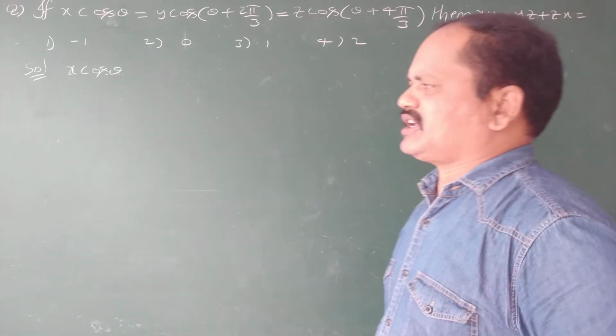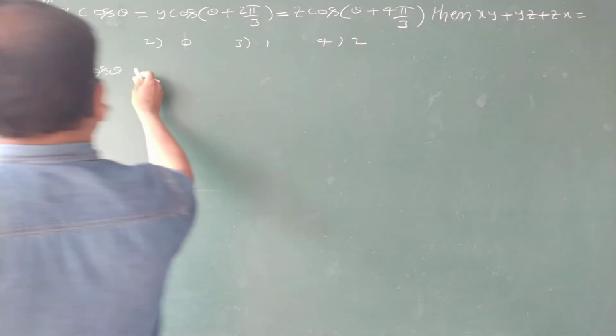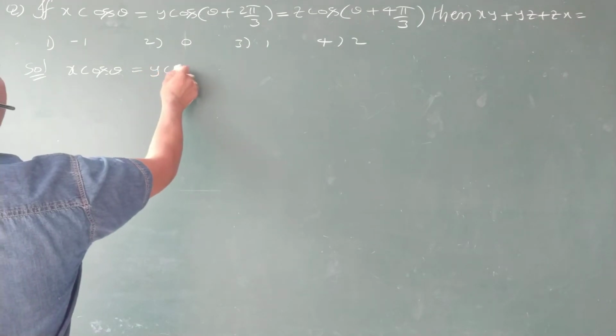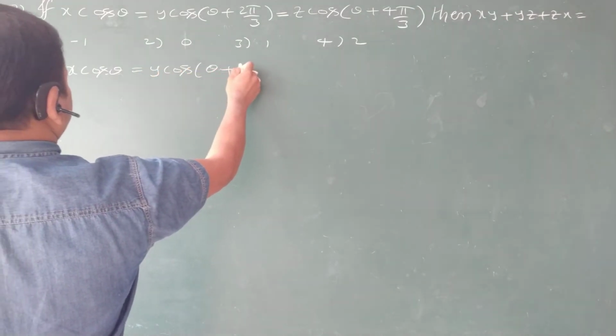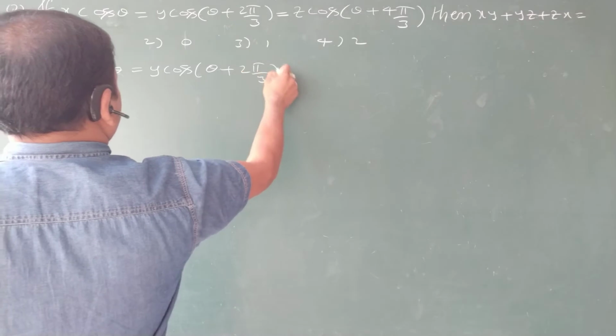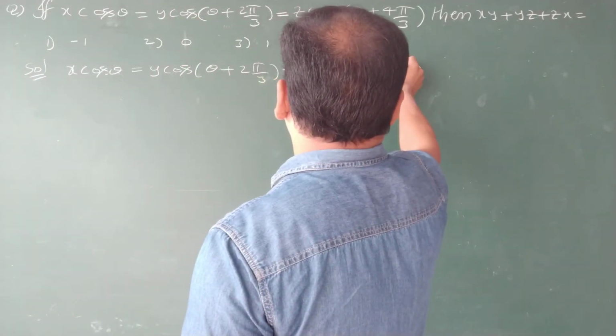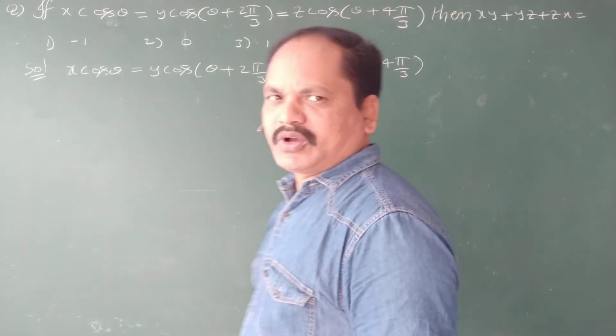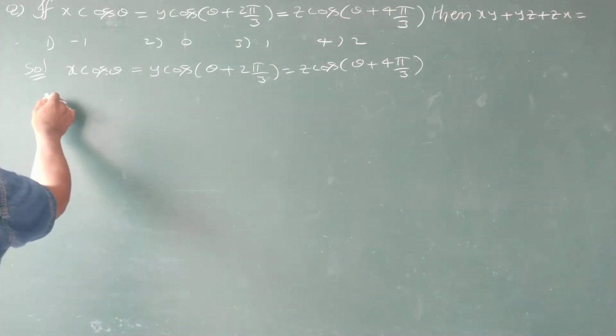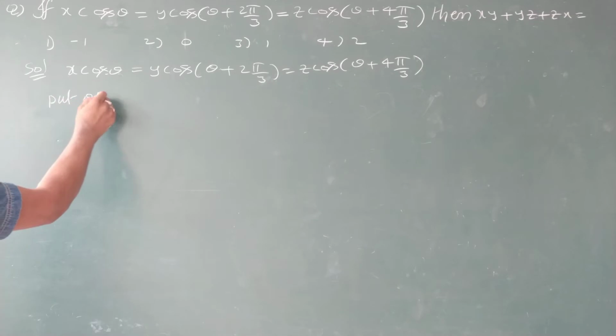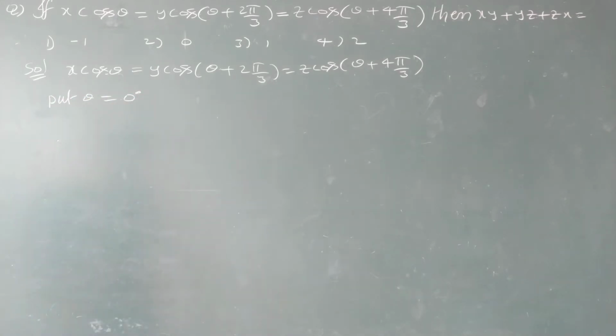Now we have to take the relation, that is x cos theta is equal to y cos (theta plus 2 pi by 3) is equal to z cos (theta plus 4 pi by 3). Now put theta is equal to 0 degrees.